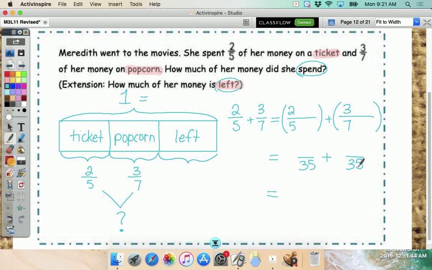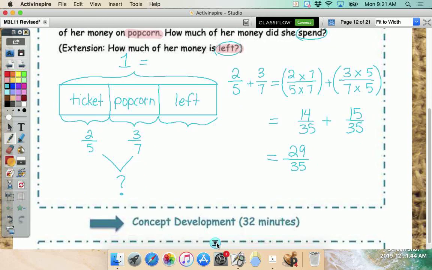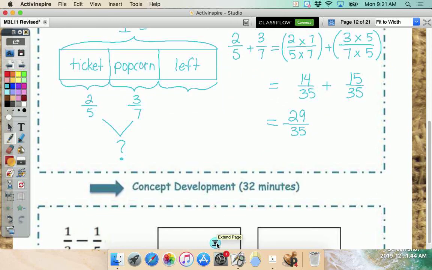Try not to look at mine until you're done. And that's actually how much money she spent, isn't it? 29/35 of her money. And that's the answer to the first question.